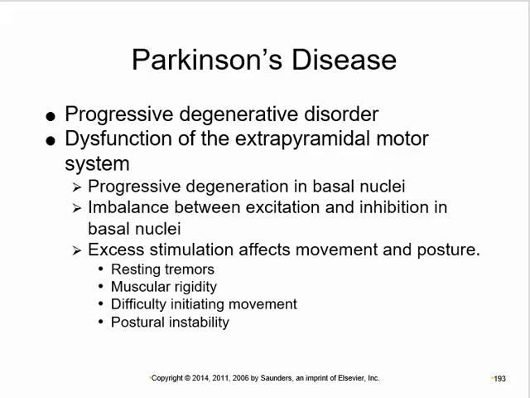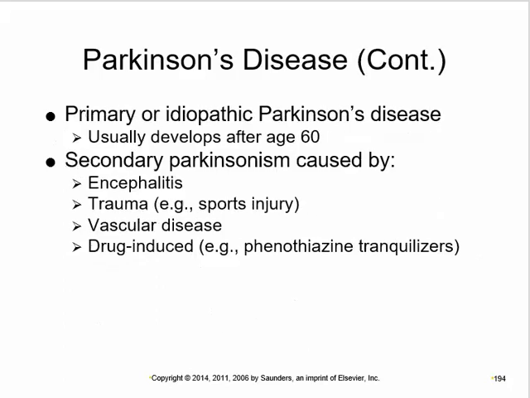So it's not just the little pill-rolling tremor. Now, there's primary Parkinson's disease, and they don't know what causes it, so it's idiopathic. It usually develops later in life, after the age of 60. I have a first cousin that has primary Parkinson's, and it came on when she was 62.